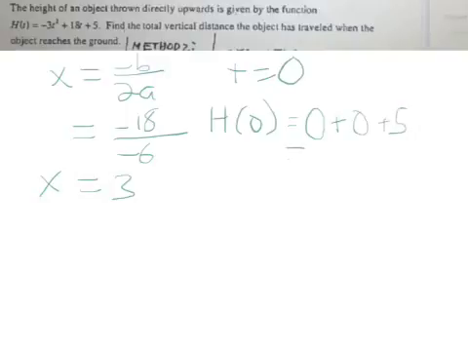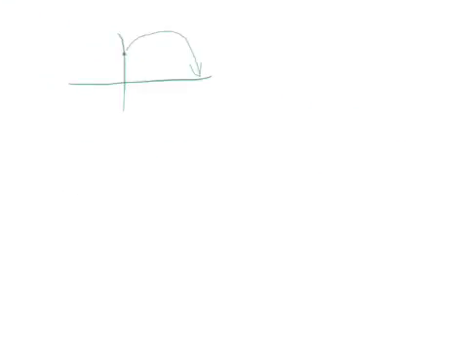So h of 0 is going to be 5. If I draw this, when t is 0, h is 5, so I'm actually starting up higher, and then t is going to be 3 right at the vertex of this parabola.